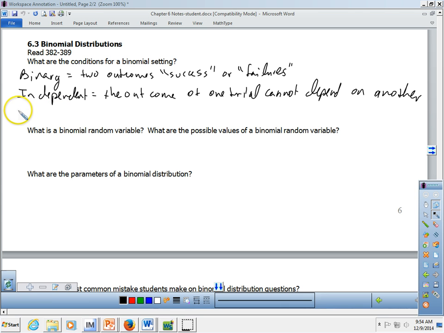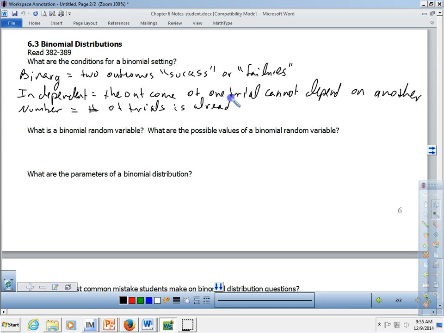And then if I'm telling you that I'm going to flip a coin 5 times, or if I'm telling you I'm going to select 100 babies randomly, right, then the number of trials needs to be set. And so the number of trials is already known.